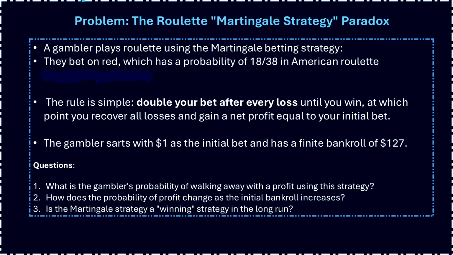So this video is on the Martingale strategy when playing the game of roulette in a casino. The way this game works is that you start with a bankroll and you begin with an initial bet, and you double your bet after every loss until you win.